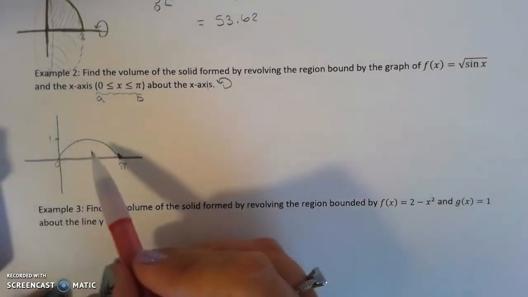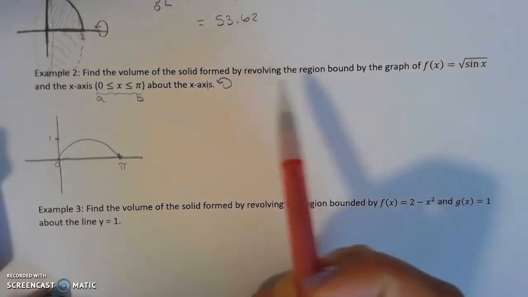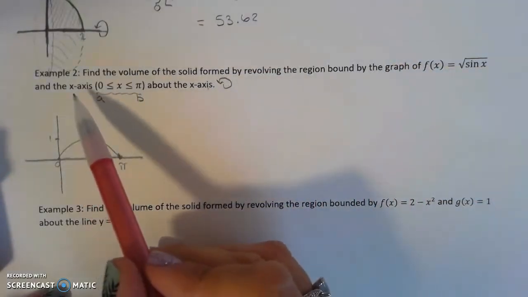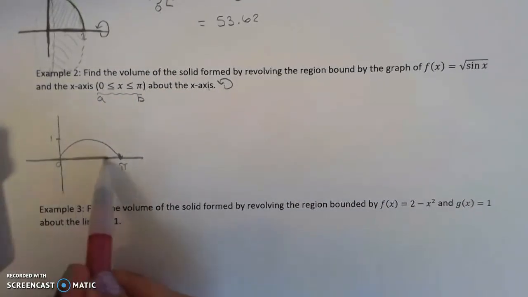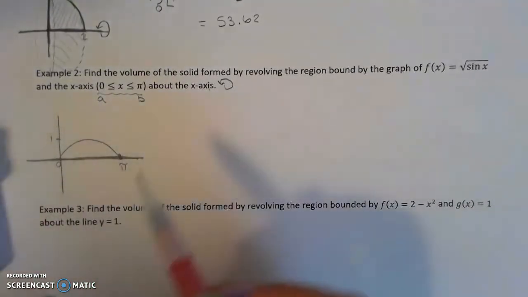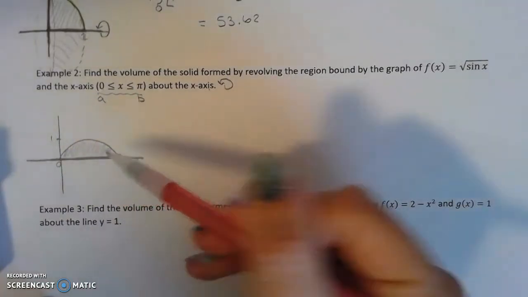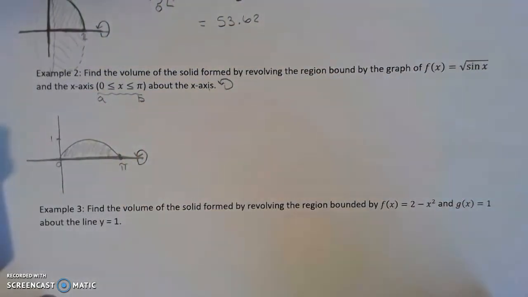Okay, so this is our function, and it says that it's being bound by that function and the x-axis. So I've got this function and this axis right here that's bounding it. That means we're looking at this area and we're going to revolve it around the x-axis.